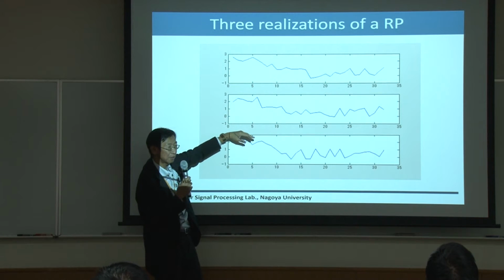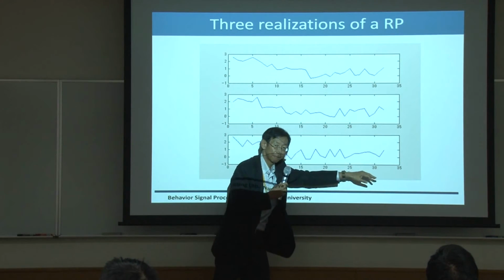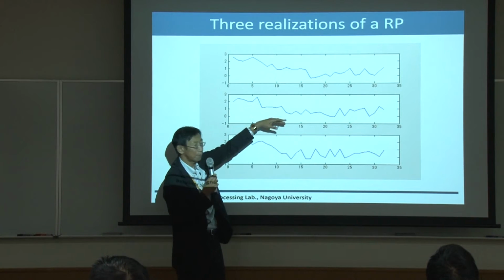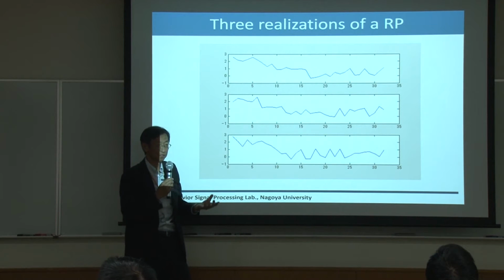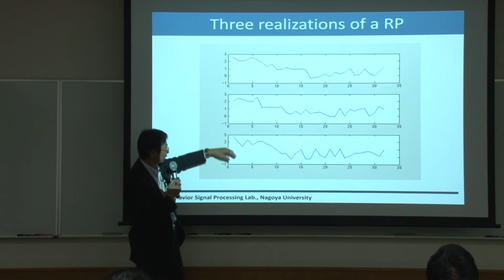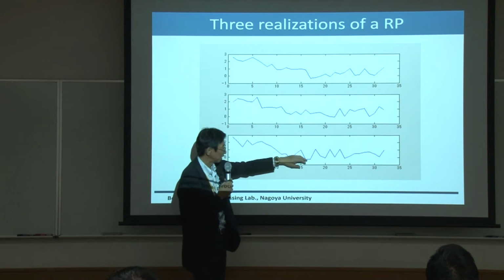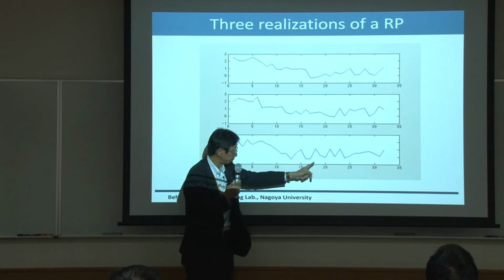But the most important thing is that the general or global trend is somehow similar, because it is generated from the same random process. So it has a decreasing property with respect to the time index.